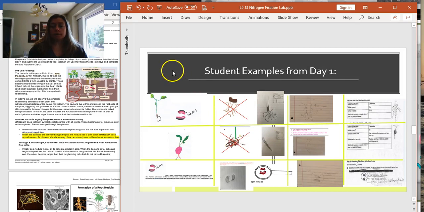So I've organized this roughly into, these are the different students down the columns, and then the questions we looked at for day 1 are across the row. So you can see all different kinds of examples that I thought were acceptable.